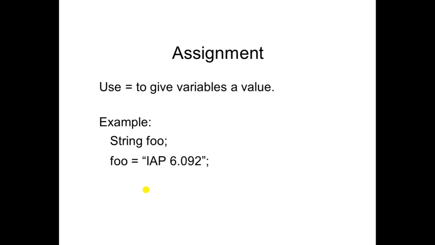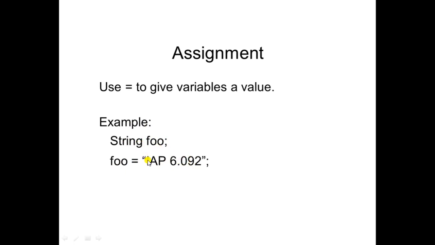So for the assignment purpose, you need to use the equal to sign. Okay, so string foo semicolon, then foo, the foo is of type string, and I am assigning IAP 6.092. So can you tell me whether it is a double value or whether it is a string value?